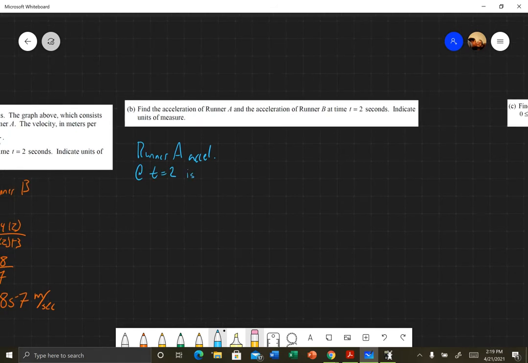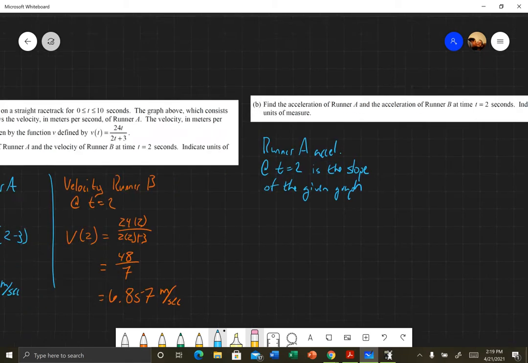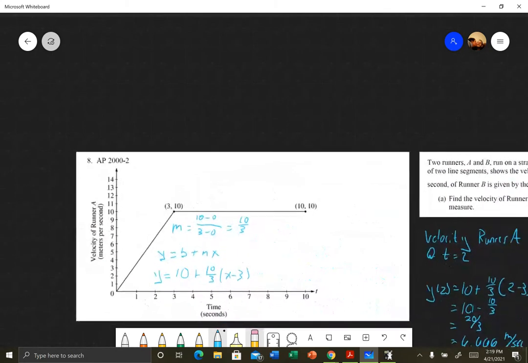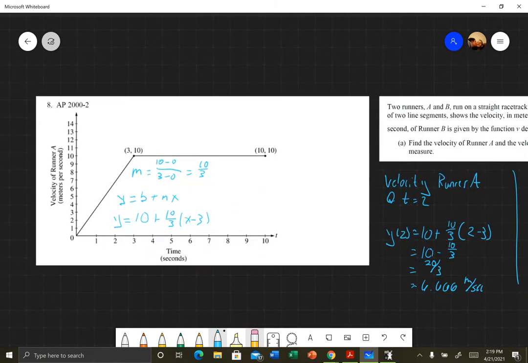This is the slope, right? The derivative of velocity, okay? It's the slope of the given graph. Right? So if we go back to our graph, the slope at time t equals 2, that's going to give me the acceleration.